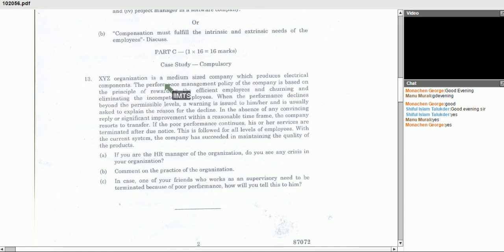According to the case study, XYZ organization is a medium-sized company which produces electrical components. The performance management policy of the company is based on the principle of rewarding the efficient employees and eliminating the incompetent employees.